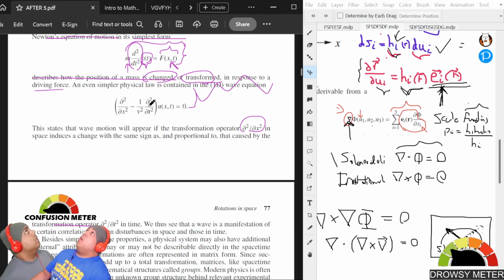I'm looking at the equation. So this minus this equals 0. This equals this, if you carry it across. Well, this combination here, because it's a bracket.